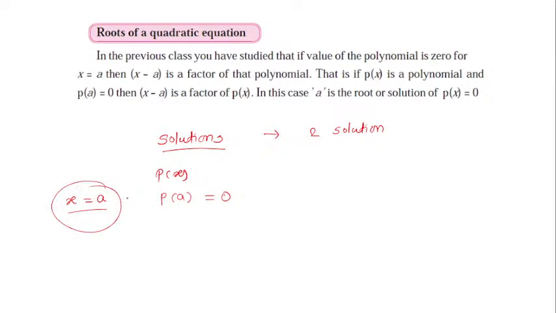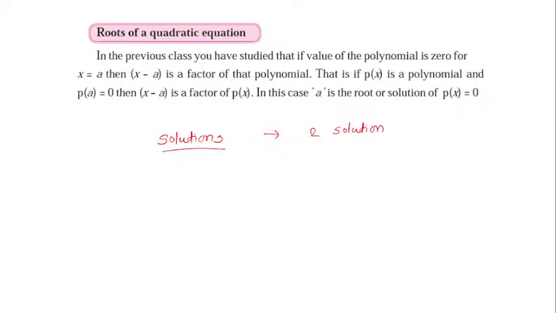As there is a criterion for a polynomial, the same is there for a quadratic equation. So suppose any quadratic equation is given, and for the value of the variable, if that quadratic equation becomes 0, then we say that it is the solution of that particular quadratic equation.